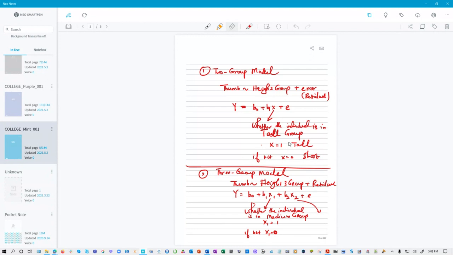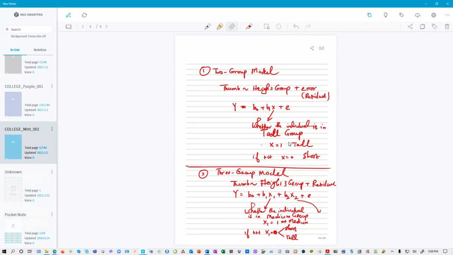What does that mean? X1 equals 0 doesn't mean they were in the short group or tall group. We don't know. It should be in the short or tall group. For sure, when X1 equals 1, we know that they are in the medium group, medium for sure.